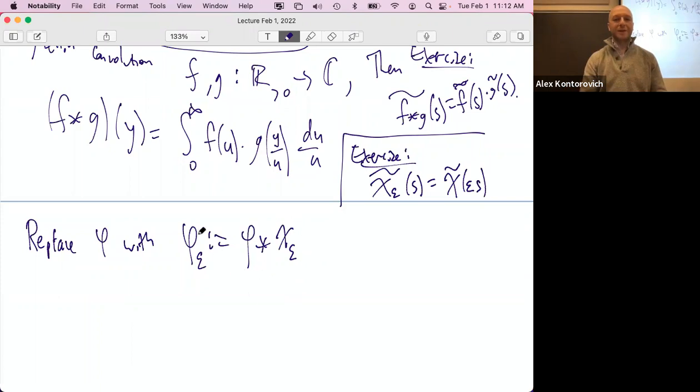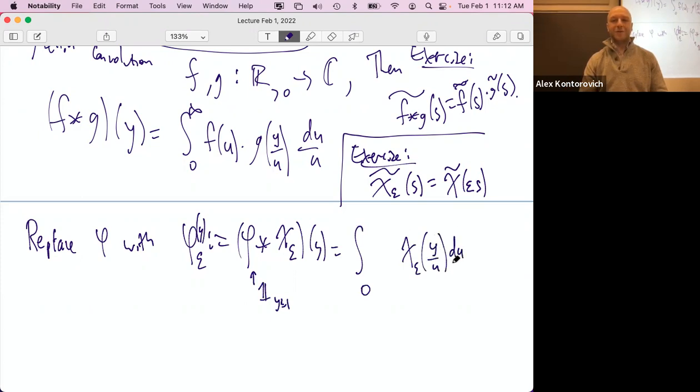What can we say about it as a function of y? If I open this up, the psi that I want is the indicator function of y being less than 1. So it's an integral from 0 to infinity of psi of u, chi epsilon of y over u, du over u.